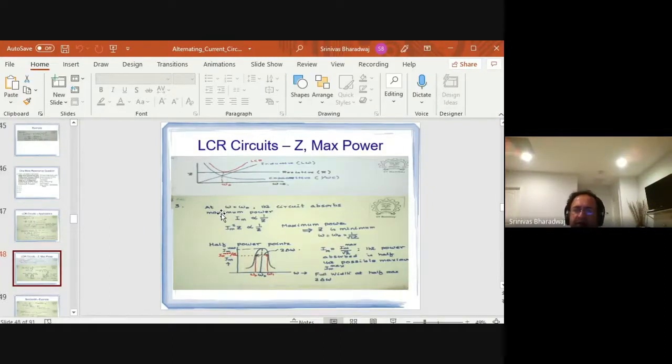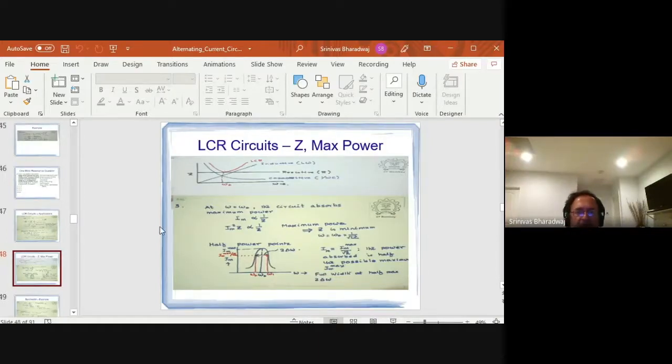Therefore, at that point, you can find the corresponding power, and you can see that the current is maximum there, right? So maximum power comes when you have maximum current. Okay. Therefore, from that you get I square Z.